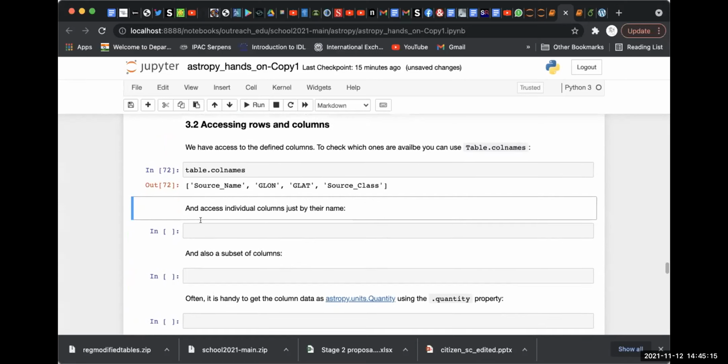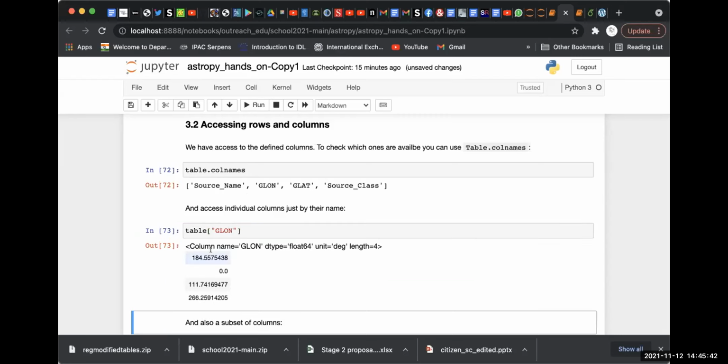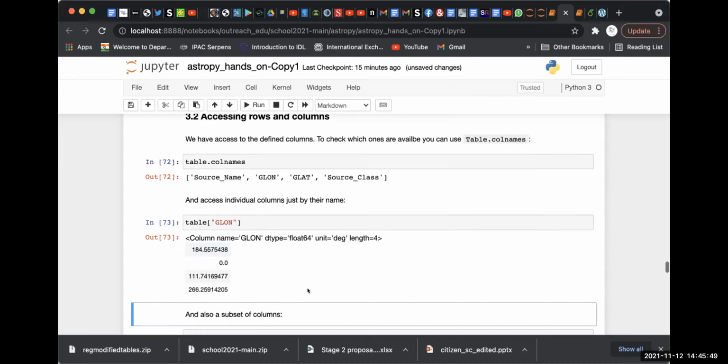Now, if I want to list a particular single column, I can write table and specifically ask for the column called glon, and here you can see I'm looking at what is listed under the galactic longitude column.